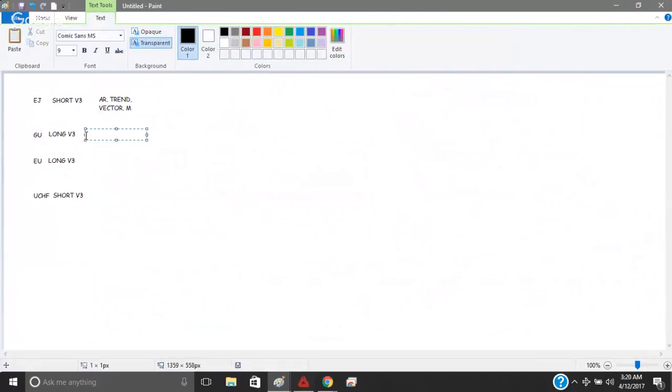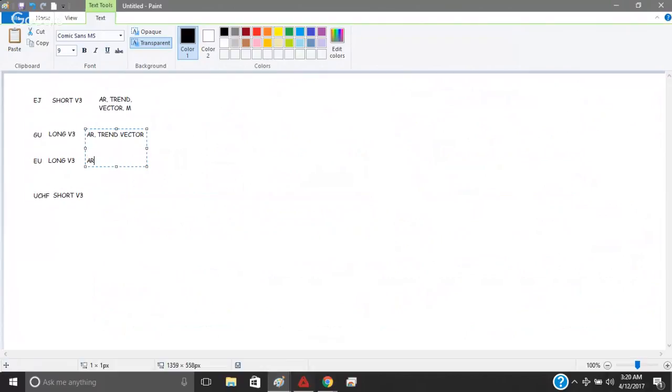Now, let's say for GU, looking for it to go long. It gave me Asian range, check. That looks good. Trend, check. Gave me vectors, check. Go ahead and go down to this one here, EU.